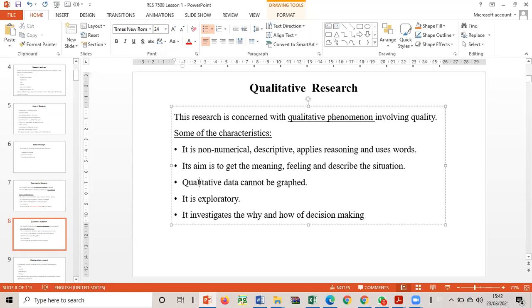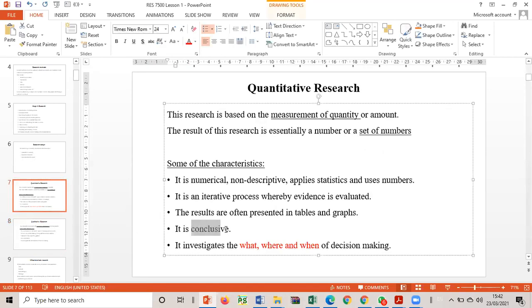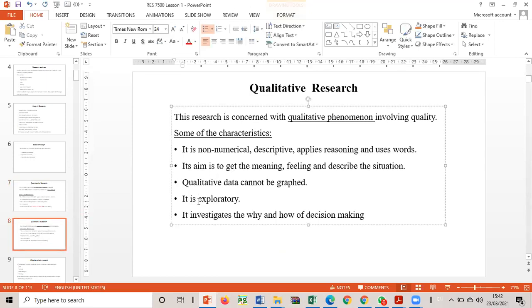Qualitative data is exploratory, to explore the particular phenomenon, whatever it is. The basic difference is that explore means there won't be any p-value. In quantitative study, we'll talk more about the p-value to make it more conclusive. The p-value will come in, whereas in exploratory, there's no p-value.